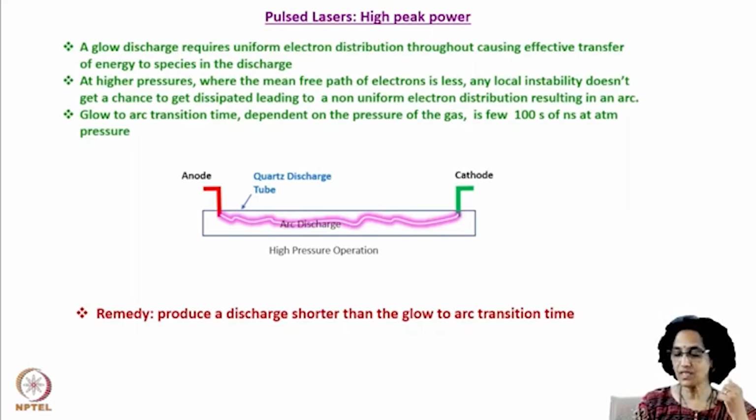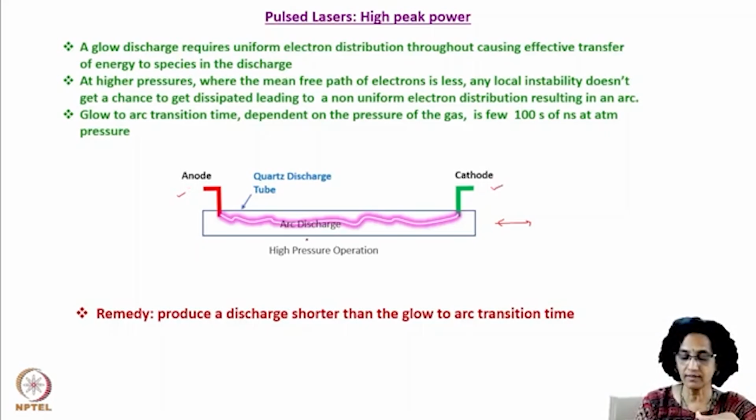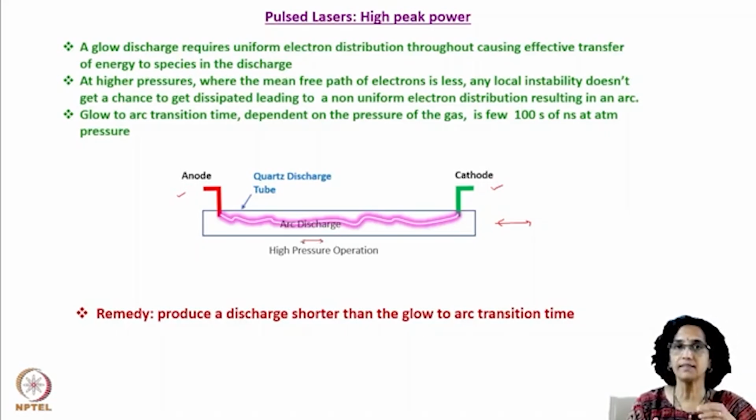See, this was our CW system where we had anode at one end and cathode at the other end, and we said that the stray electrons which are in the gaseous medium get energized, they create further more electrons, and these electrons create even more electrons. An avalanche of electrons is created, and this gives rise to a glow discharge between the two electrodes. Now, what do we mean by glow discharge?